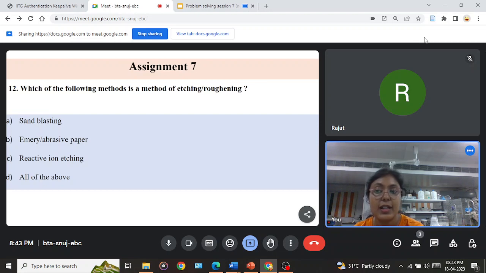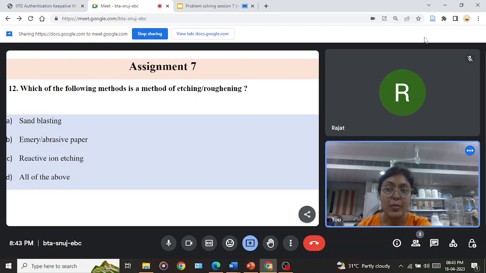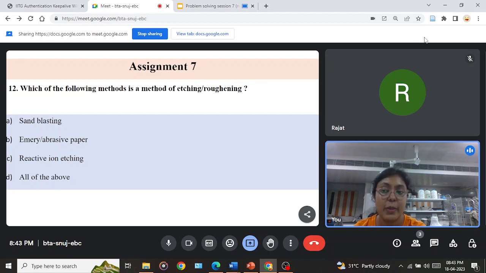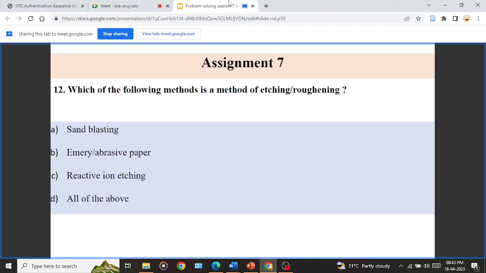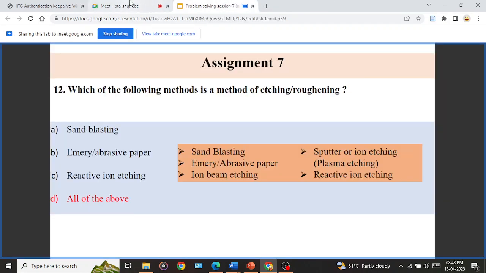So this is a physical technique and it involves basically all the above options. That is, it can be done using sandblasting, using abrasive paper or emery, which is a mechanical way of roughening, and then reactive ion etching. So the correct answer to this question would be option D, that is all of the above.